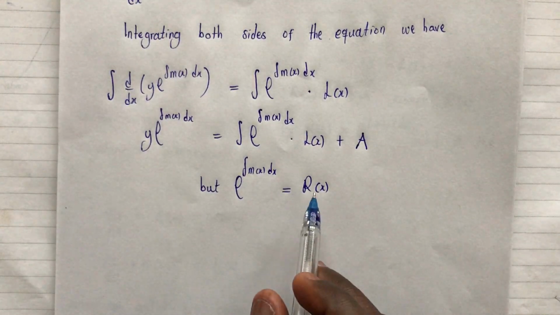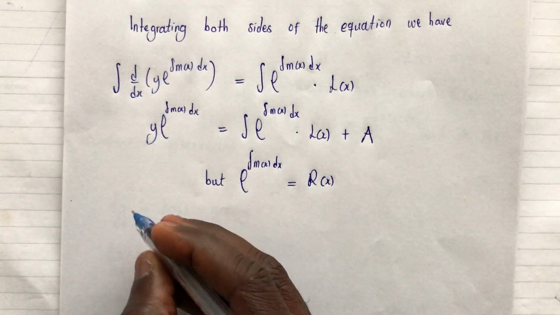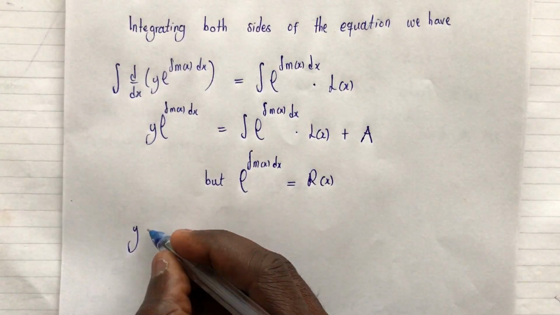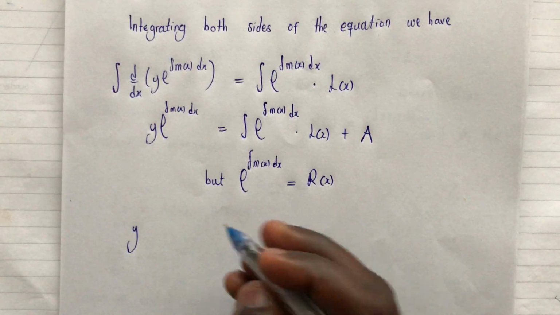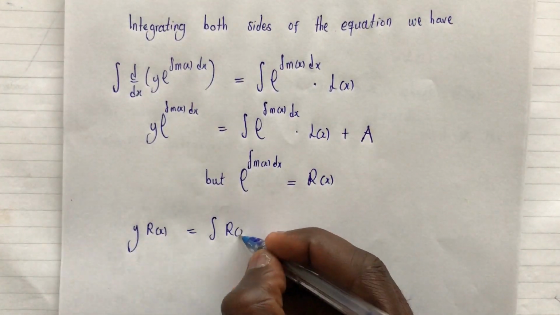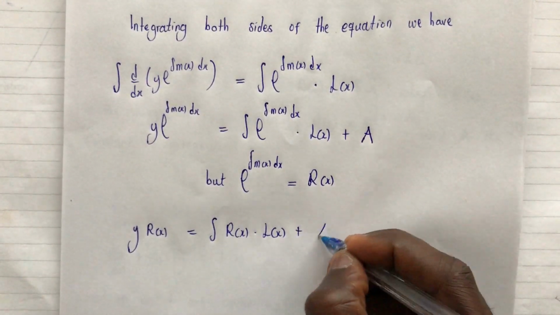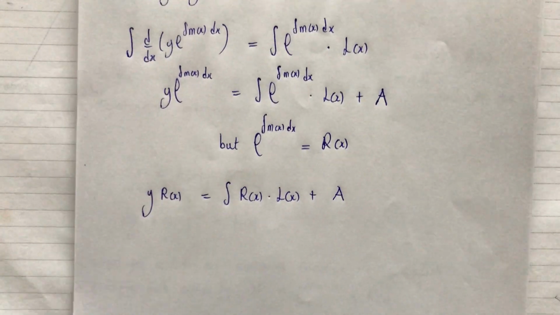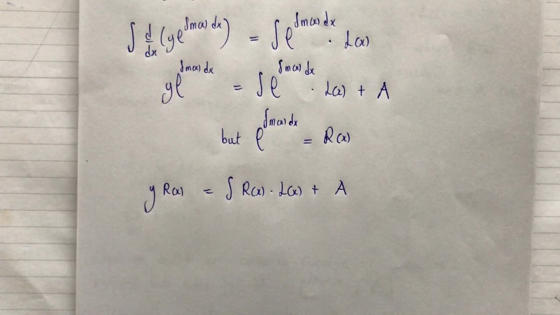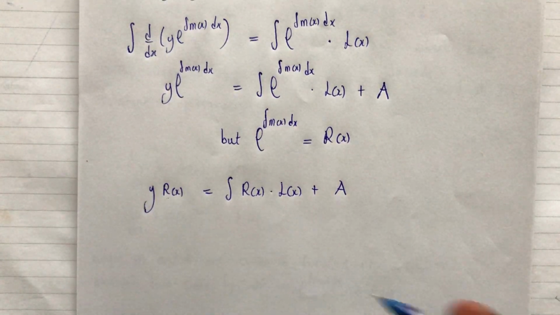So now we substitute R of x into the main function and see what we are getting. So we have y times, wherever we see this, we substitute R of x, equal to integral of R of x times L of x plus a. Now, do we get it? Now we can divide through by R of x to make y the subject of the equation.